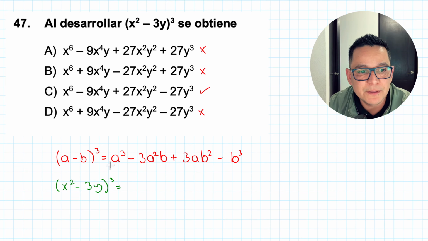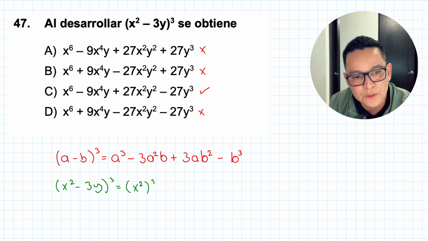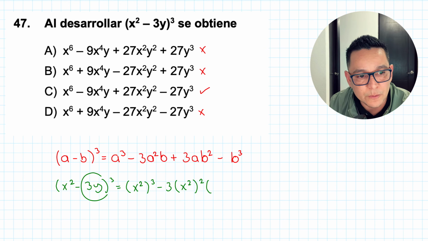All right, so I get that (x² − 3)³ should be, it says, the first term cubed, but in this case it's x², so I'm going to raise x² to the third power. Then it's minus 3 times x² squared, so x² to the second power, times b, but b is 3.